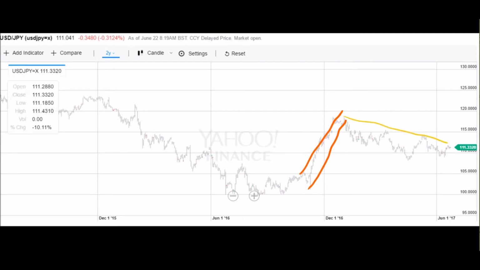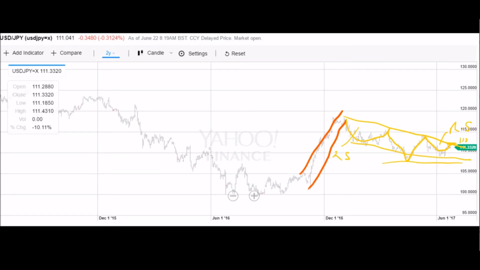Again, we need some better tools. So you've got this as the left shoulder, you've got this as the head, and you've got this as the right shoulder, and you've got the breakout here at roughly 112.